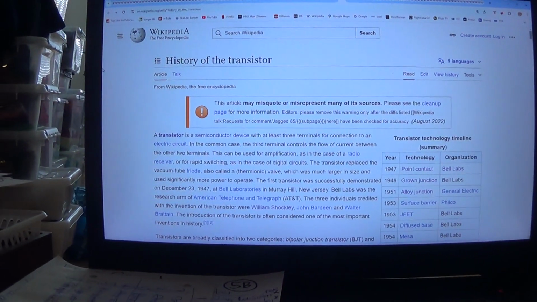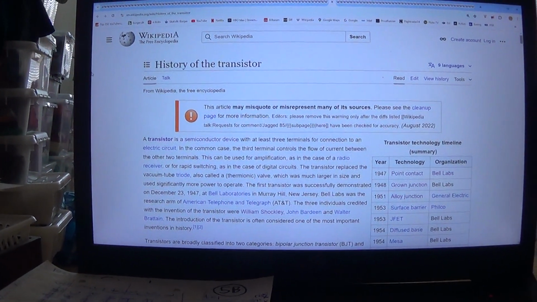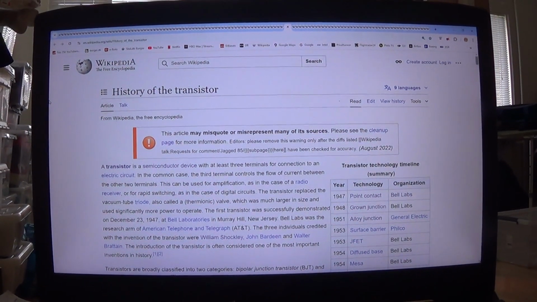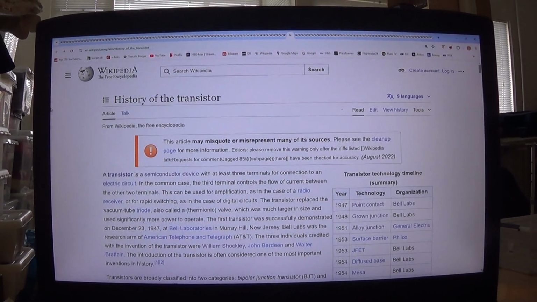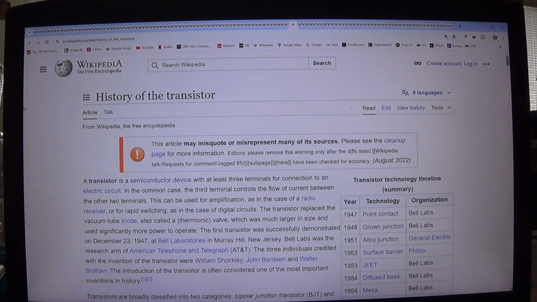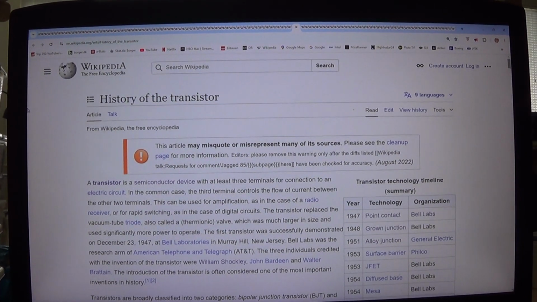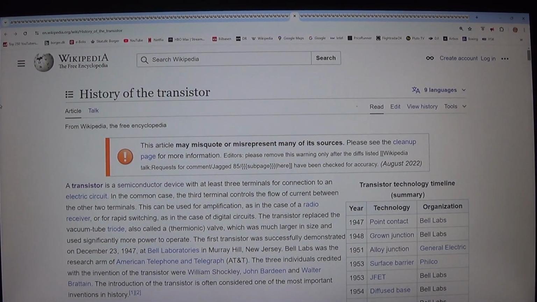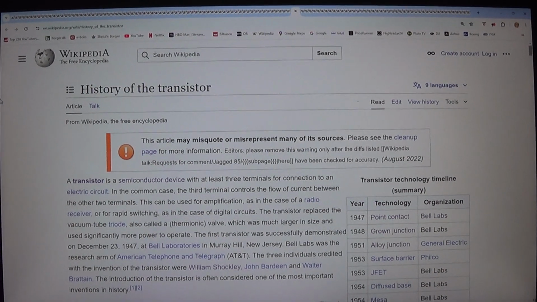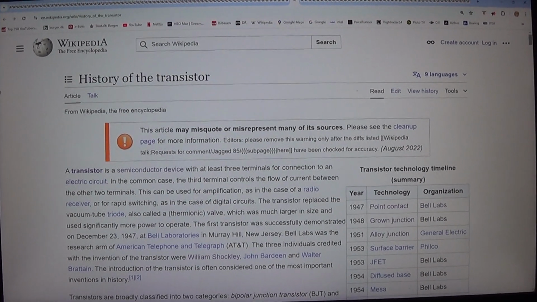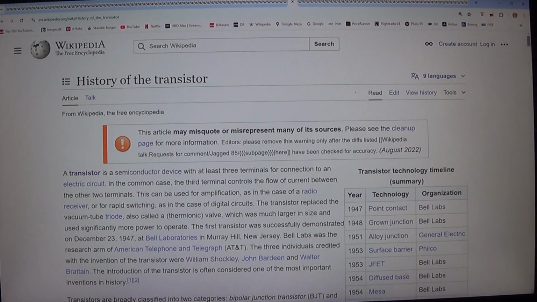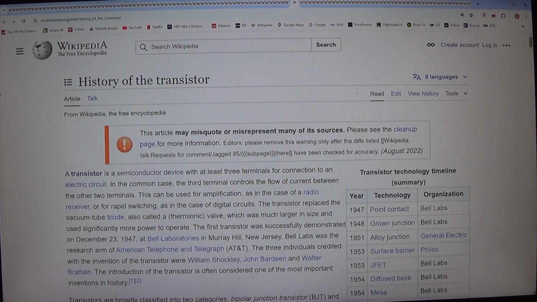But let's read this. Good. Then I will go to my bed and read this.